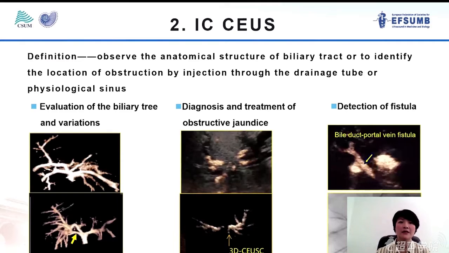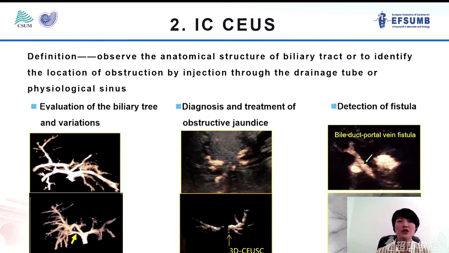The second part of CEUS in the biliary system is intracavity CEUS. By injection through the drainage tube or physiological sinus, the structure of the biliary tract could be clearly presented.